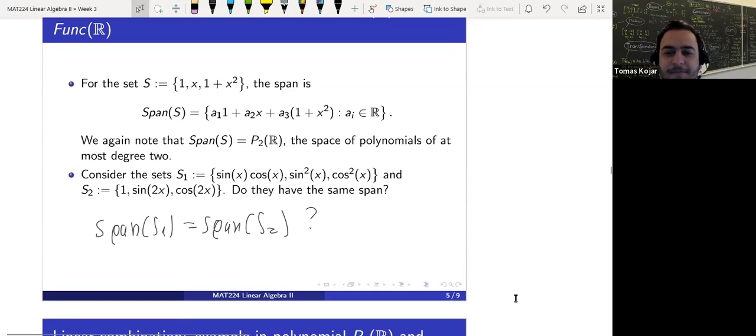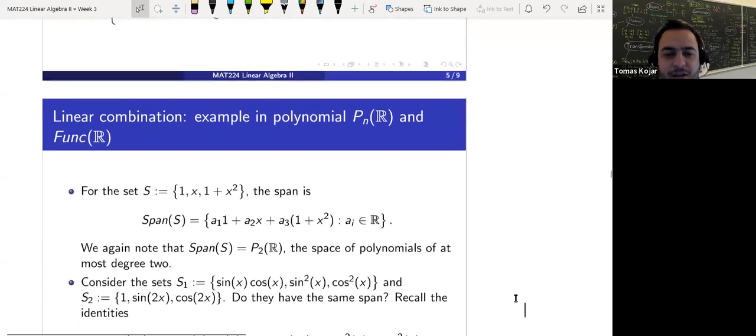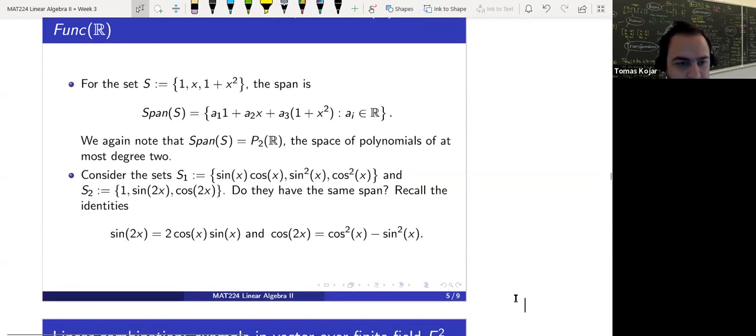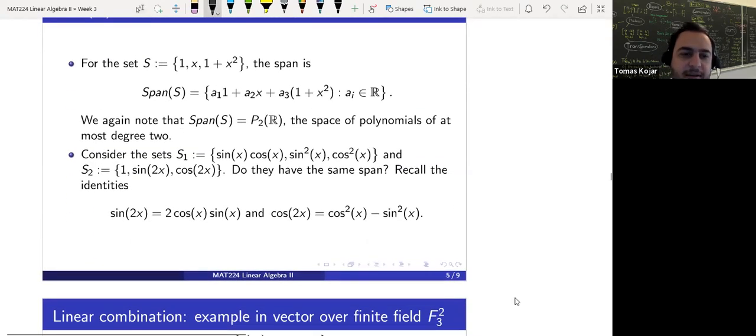All right, let's check. So we have these two identities. These are called the trig sum identities. And for them to have the same span, you will need to generate one from the other.